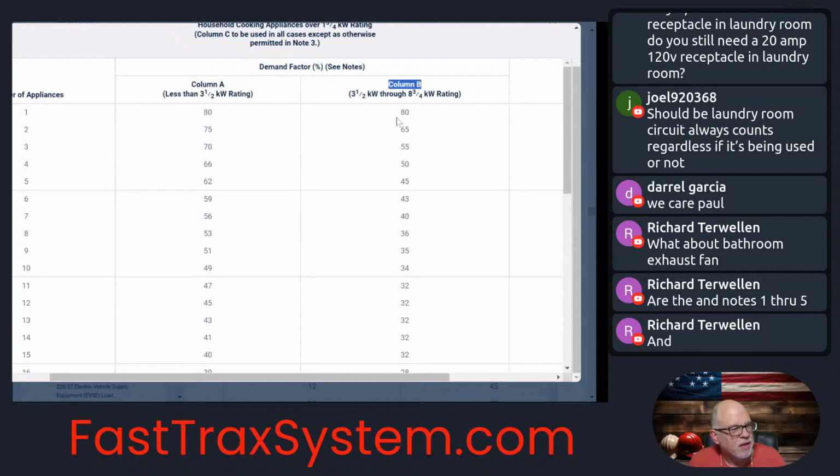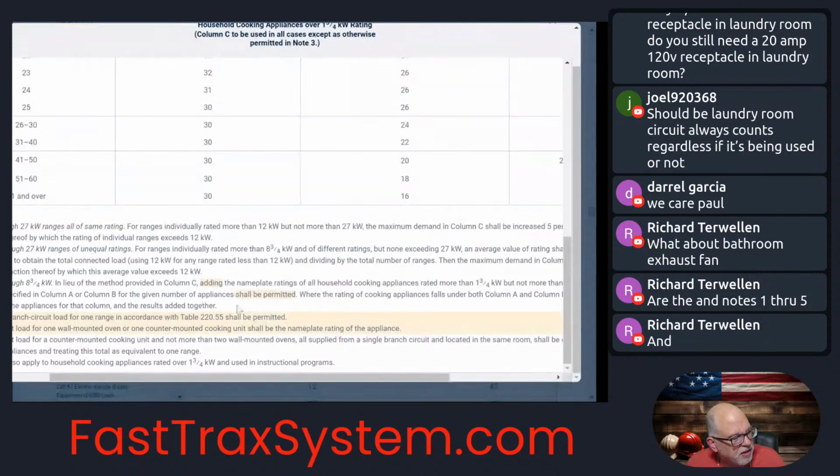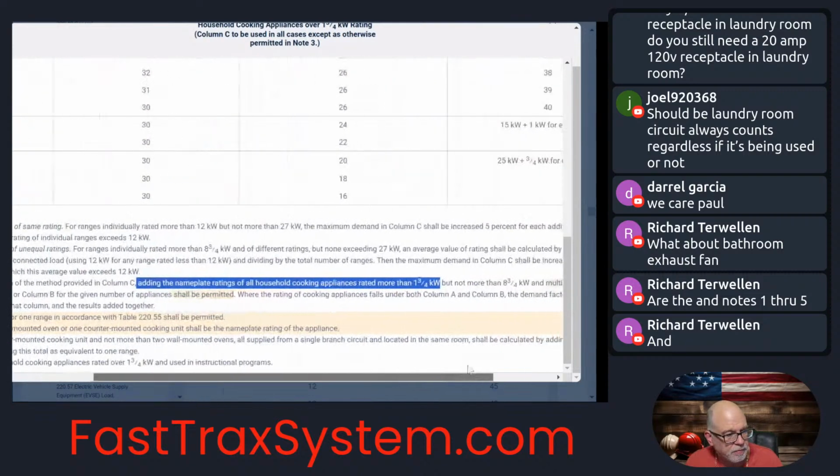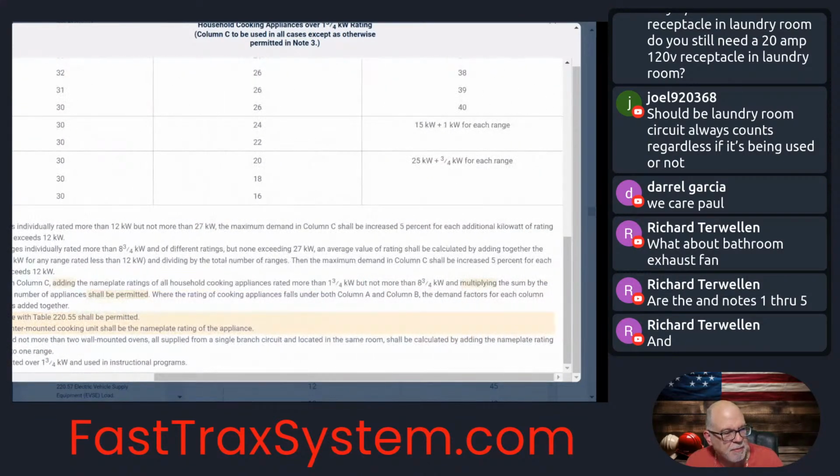All right, so we have two appliances, right? And what does it say for note 3? Well, let's read it a little more. It says, in lieu of the method in column C, I can use column A or column B, by adding the nameplate ratings of all household cooking appliances rated more than 1 3/4, and both of ours are, but not more than 8 3/4, and none of ours are.